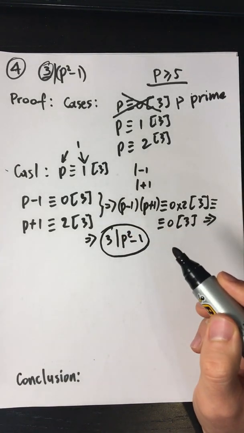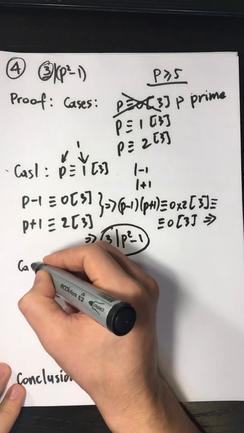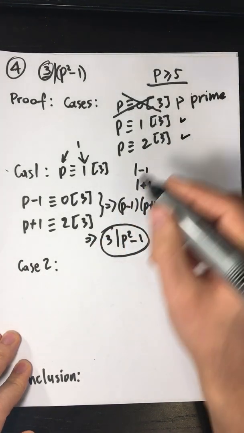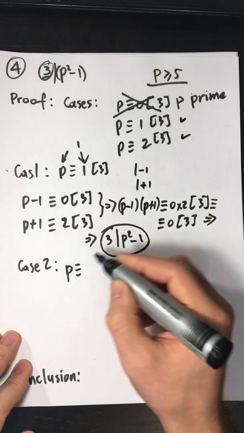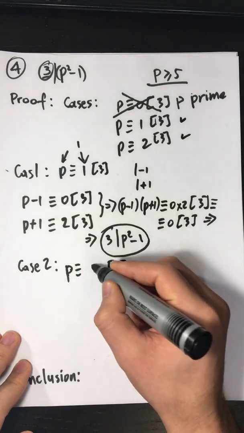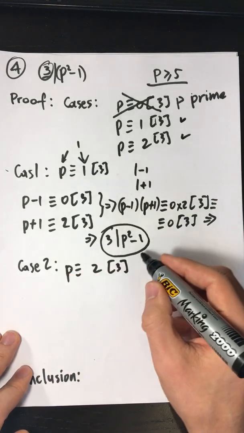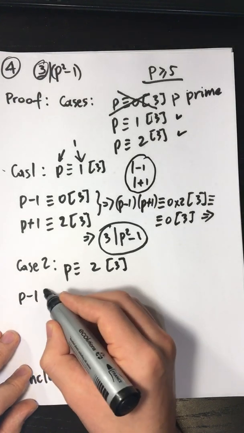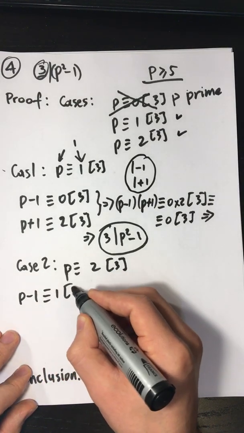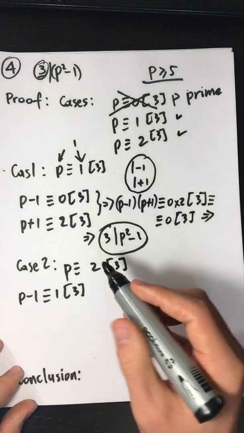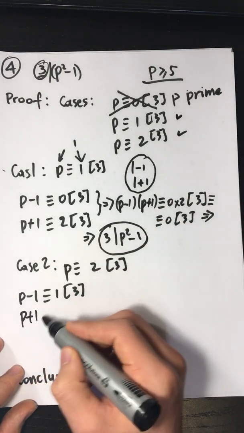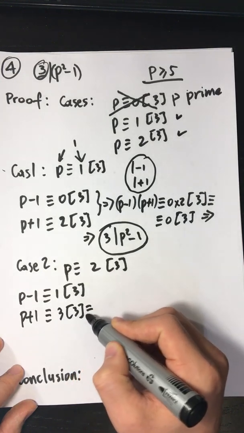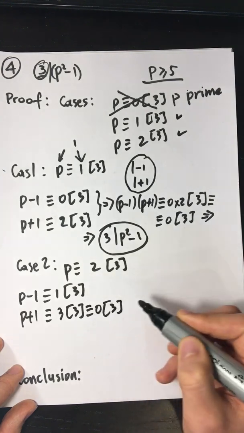Remember this one. Okay, now case 2. This is case 1, this is case 2. P mod 3 is 2. In this case, again I do the same step. I subtract 1: p minus 1, so 2 minus 1 is 1, mod 3, according to the property. And p plus 1, and 2 plus 1 is 3 mod 3, which can be written as 0 mod 3.